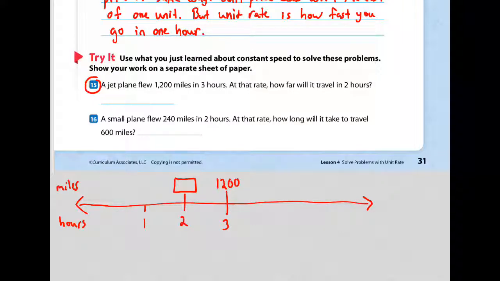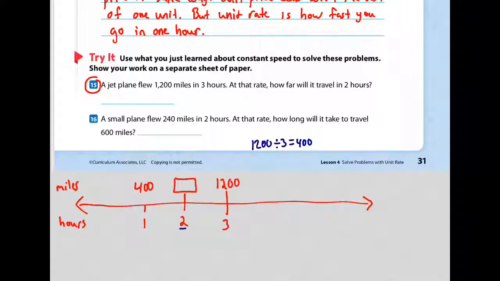Now to do that, remember, to find any unit rate, you just divide the miles by the hours. So if I just do 1200 divided by 3, I get 400. So that means in 1 hour, you go 400 miles. Think about this for a second.